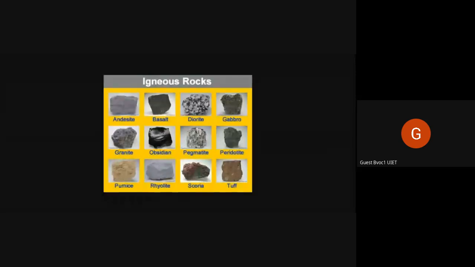Over the years, because of the pressure, they solidify, and this whole process is called sedimentation. When they harden into a rock, that's called a sedimentary rock.